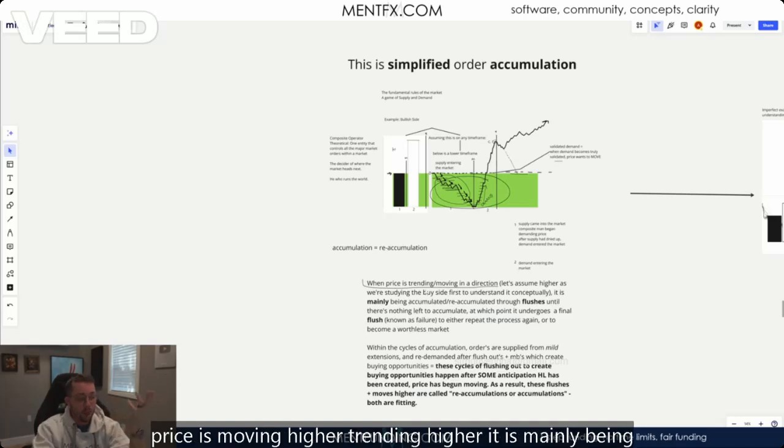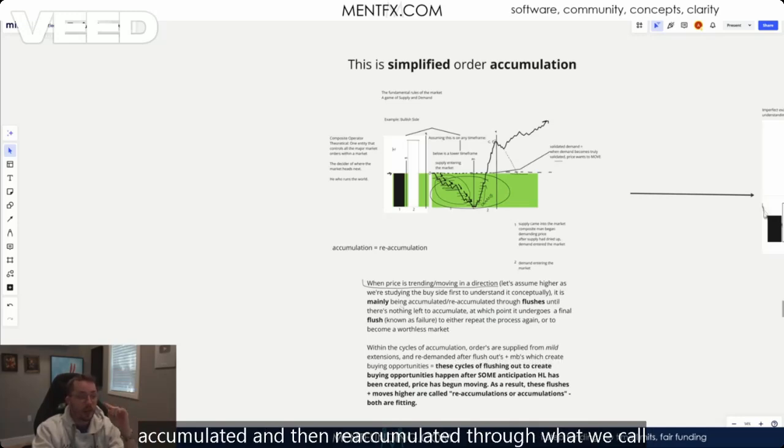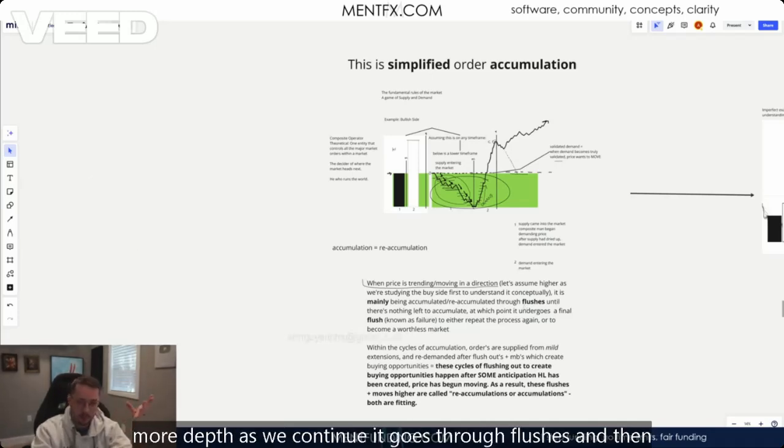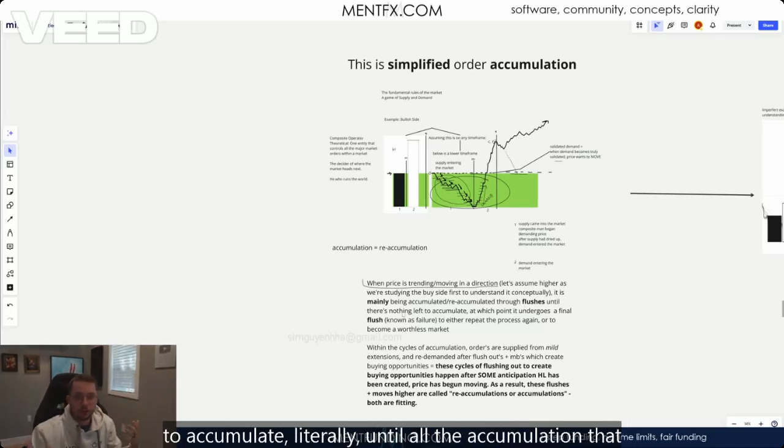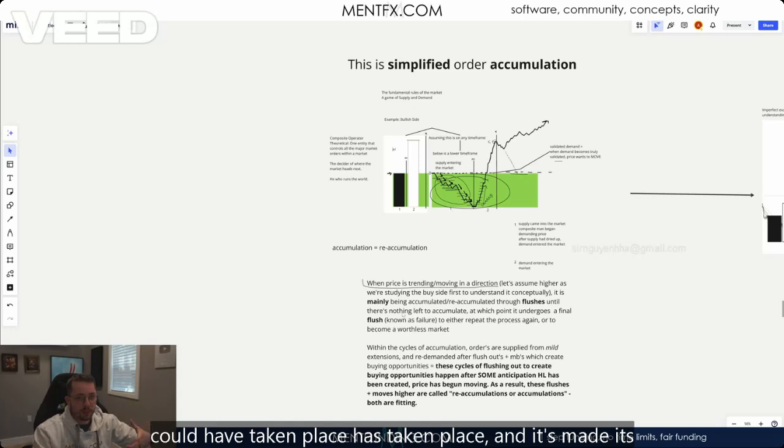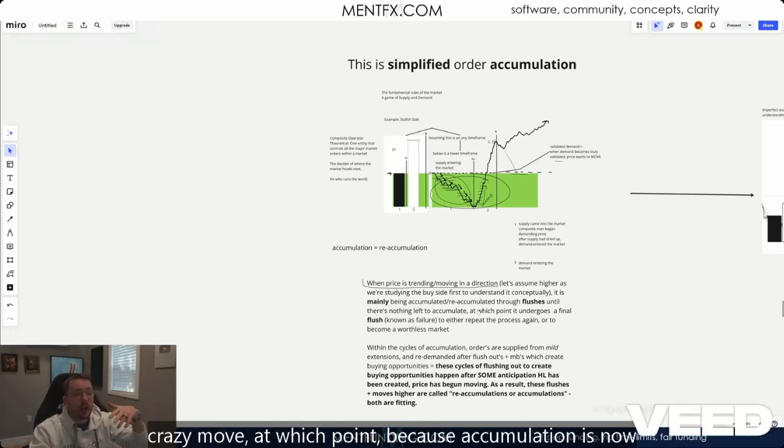So when price is moving higher, trending higher, it is mainly being accumulated and then reaccumulated through what we call flushes. You can write this word down now, but we are going to go over plenty of examples and discuss flushes in more depth as we continue. It goes through flushes until there's nothing left to accumulate, literally, until all the accumulation that could have taken place has taken place and it's made its crazy move, at which point, because accumulation is now complete, it undergoes a final flush.